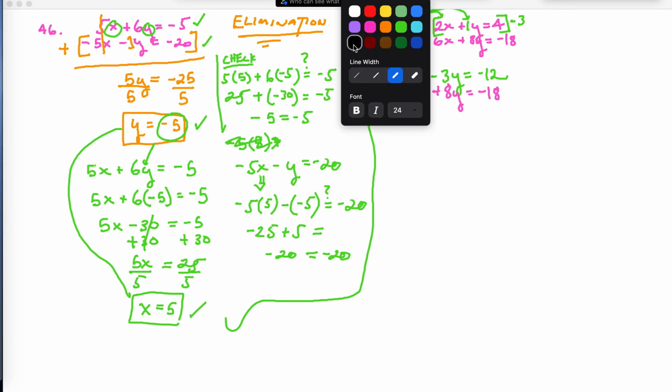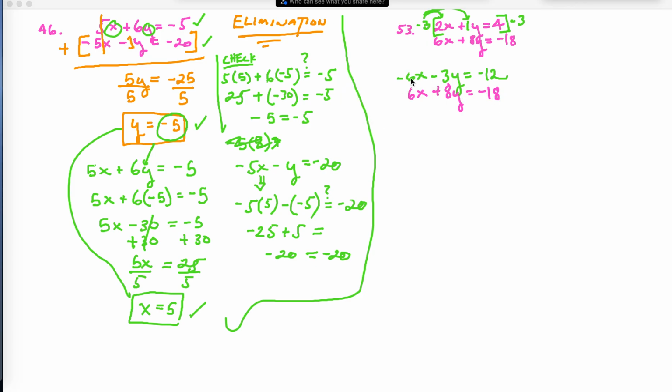And now what you get is that you see negative 6x is the same but opposite as 6x. And now I just add the two equations together. Because negative 6x and 6x is 0 when I add them.